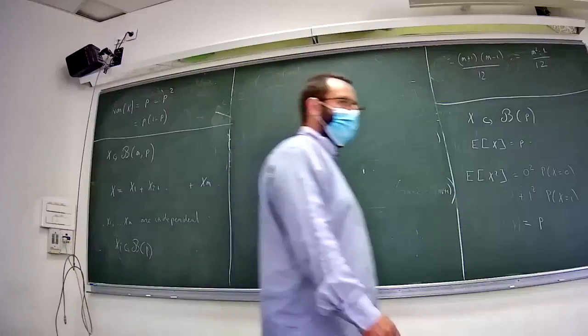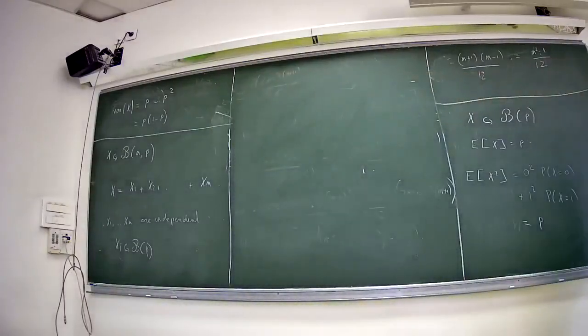You can see a binomial of parameters n and p as a sum of n independent Bernoulli of parameter p. It's something that I proved by induction two sessions ago.